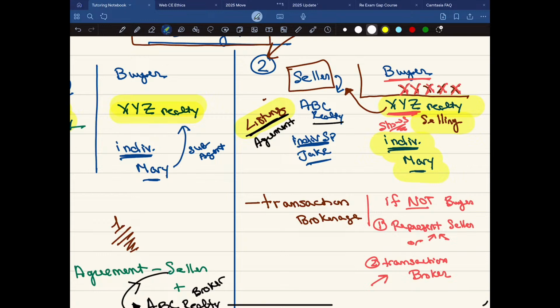The seller has 2 brokers that work for them: ABC Realty, who listed the property, and XYZ Realty, who found the buyer. But the loyalty, the obedience, the skill, the care, the diligence, all of that in this second scenario goes toward the seller.